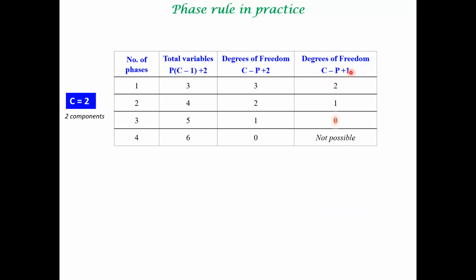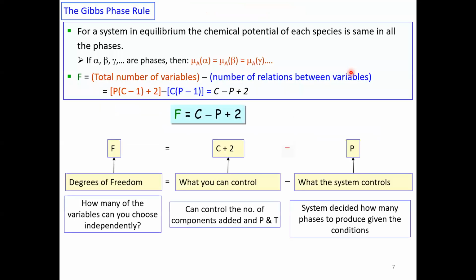You assume that you are doing the experiment at atmospheric pressure, and the only thing you are varying is the temperature. So sometimes the form of the Gibbs phase rule might be different. Instead of C minus P plus 2, you might see C minus P plus 1, because automatically it is assumed that pressure is constant.